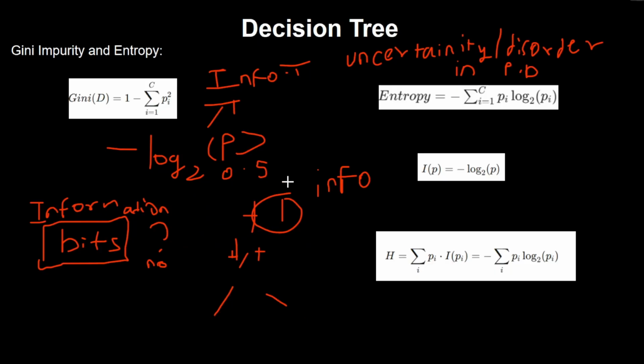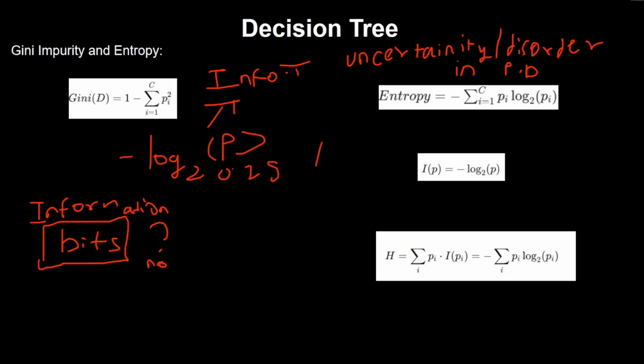Similarly, let's say the probability value is 0.25. This is the case where we saw there are 4 events, A, B, C, D, and each has a 0.25 chance of occurring. In that case, minus log base 2 of 0.25 is 2, which represents 2 bits of information.